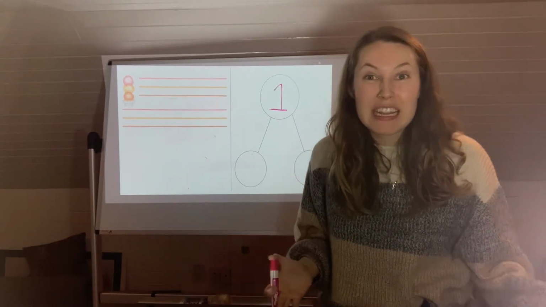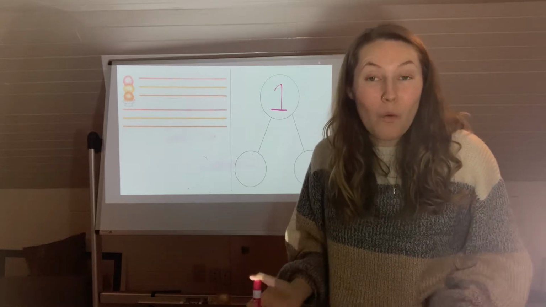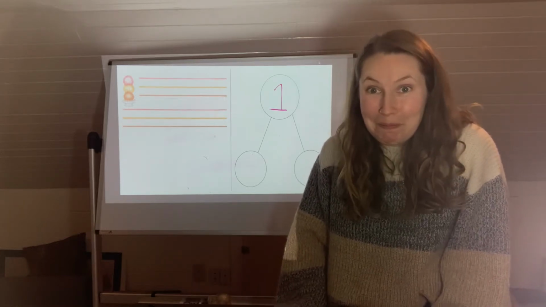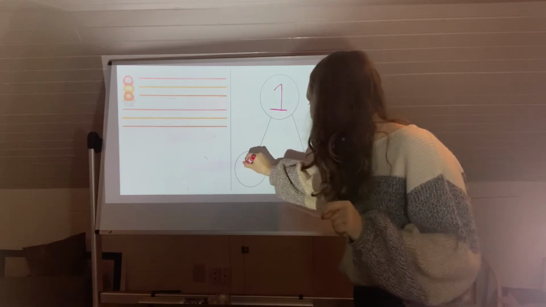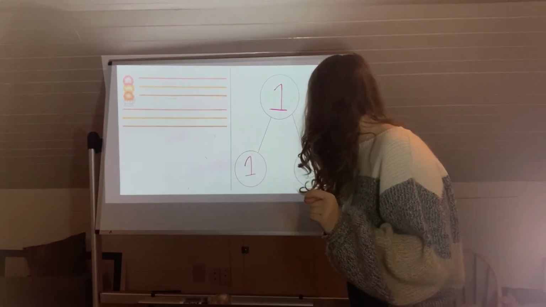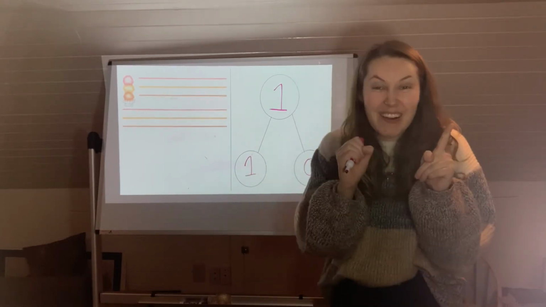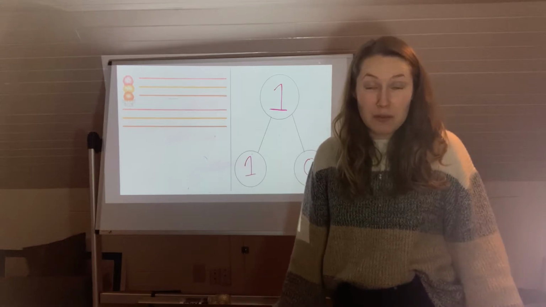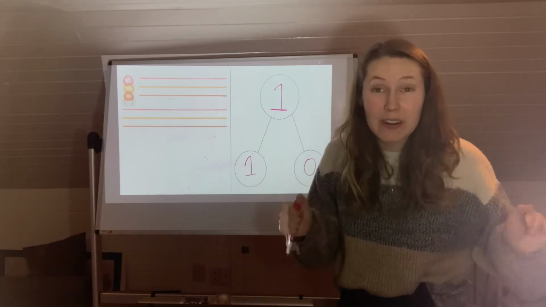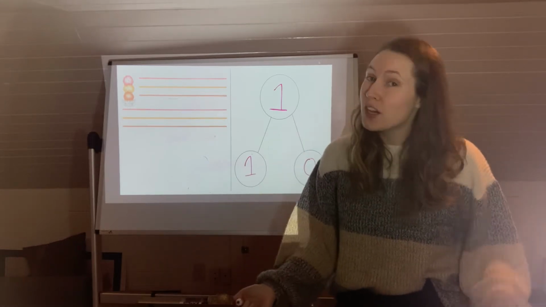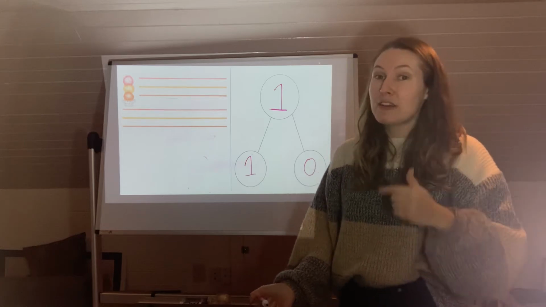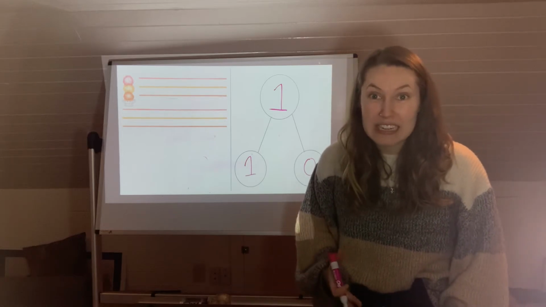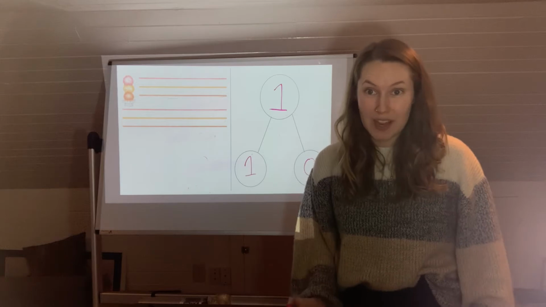Now this is pretty easy. How do we make 1? We just have one way, only with 1 and 0. That's the only way we can make 1. If we add anything else, we're going to get a number that's bigger than 1, which is good for us to know. If we add anything to 1, it's going to be a bigger number than 1.